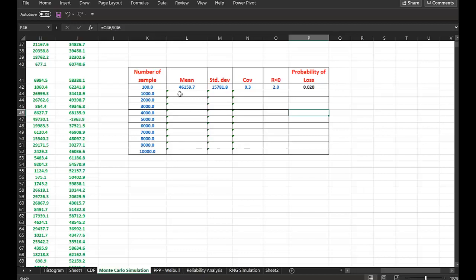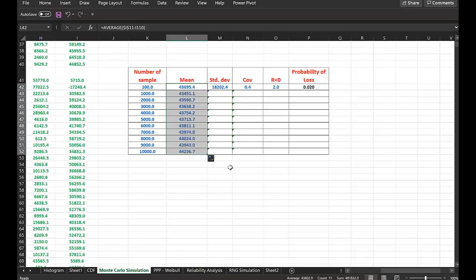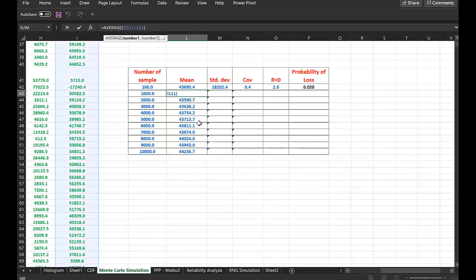Now we can plot, or make a table, for different sample sizes. For example, in this case I have to change this. I will have 100 sample size, and this will go from 1000 sample size up to 10,011.